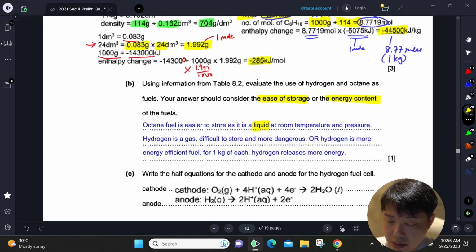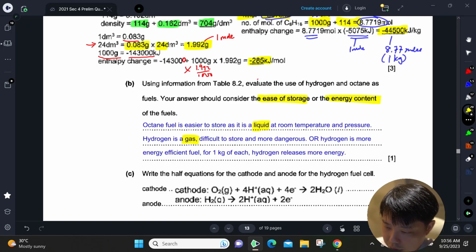But hydrogen is a bit more difficult to store because it is a gas and it is explosive. If you want to store it as a liquid, you have to store it at very, very high pressure, which is pretty dangerous if you want to do that in the vehicle. So that's number one, ease of storage.